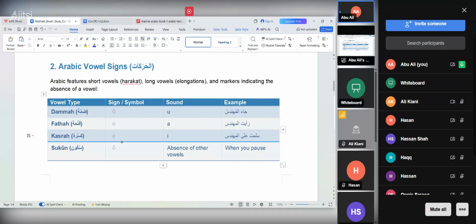Something to keep in mind: the easiest haraka to pronounce in Arabic is the fatha. I'm not going to tell you why, but this will benefit us later. You don't have to learn it right now.